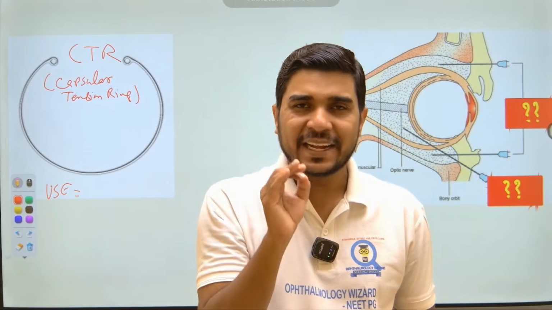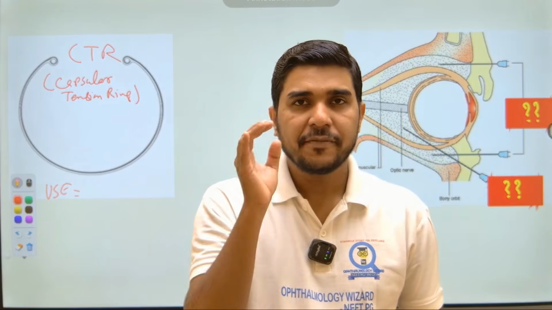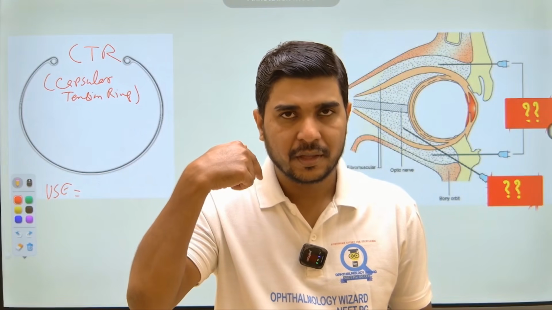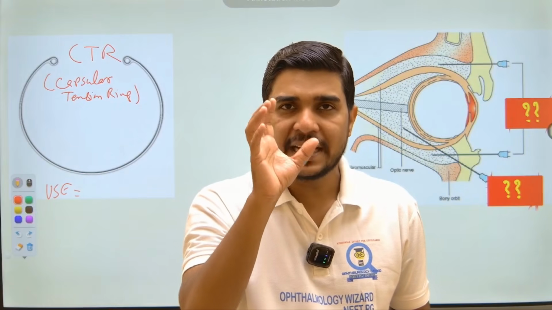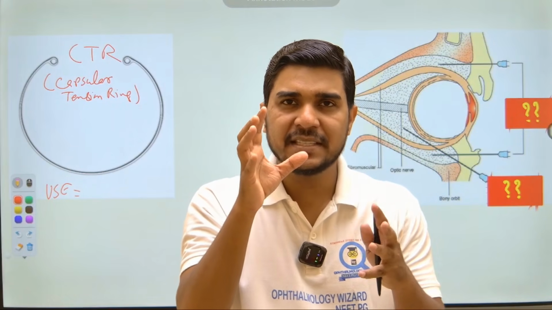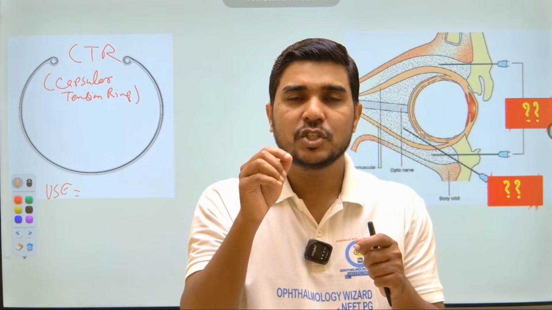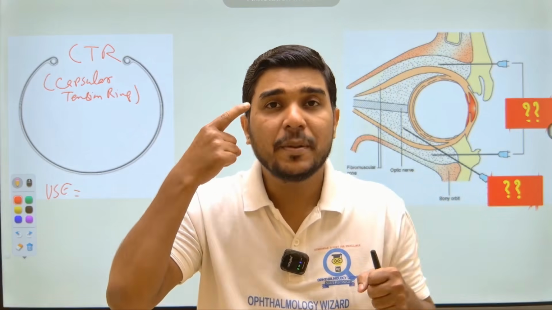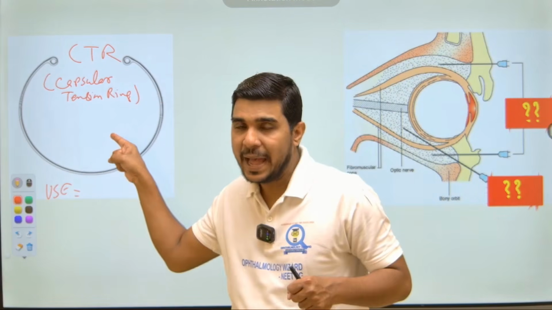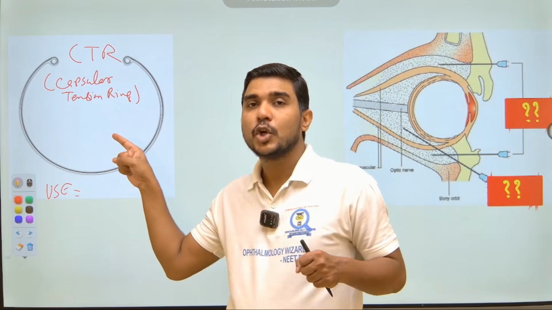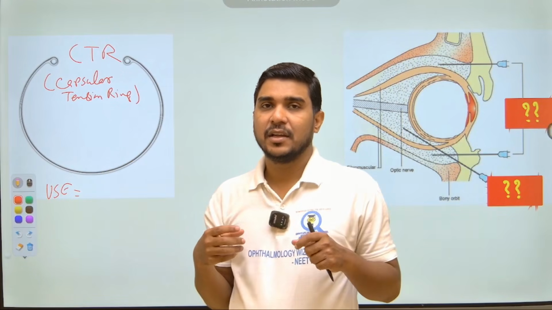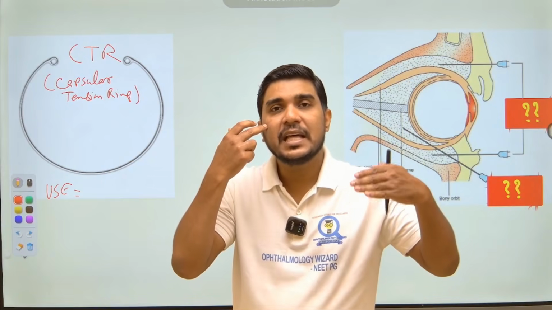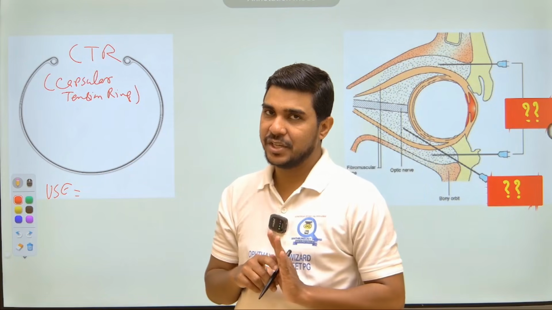So after cataract surgery, if I want to place an artificial lens in the eye, the capsule should be intact and tensed. That means the zonules should be strong. If the zonules are not strong, we put this ring in the bag to provide strength, so that the artificial lens stays in place after cataract surgery.